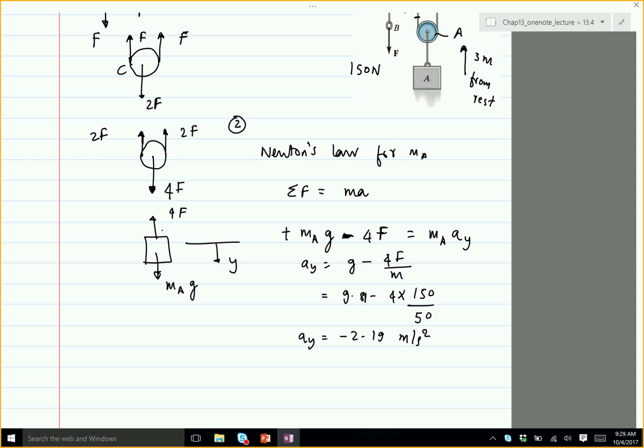You can switch this and switch that, and you have the same answer. So let's say you assume it's positive upwards. In this case, it will be 4f minus MAG, and depending on how you assume the y, if you assume that A is going to move down, you still put a negative sign and you get the same thing, you get a contradiction.